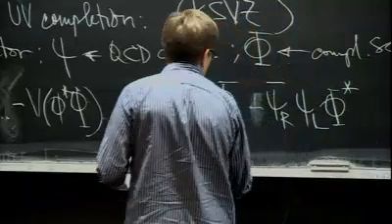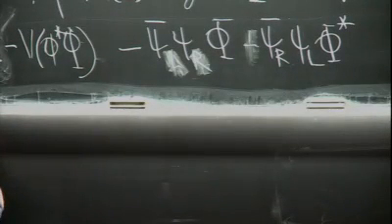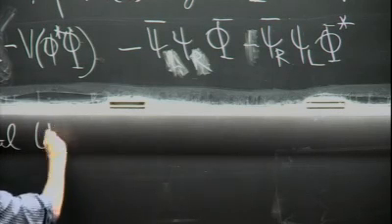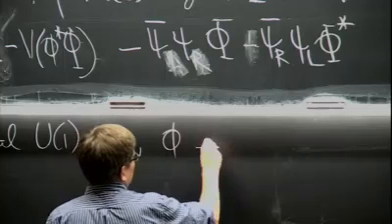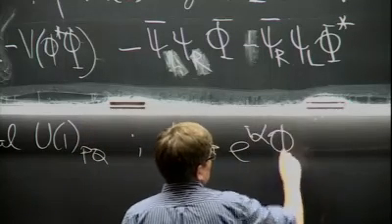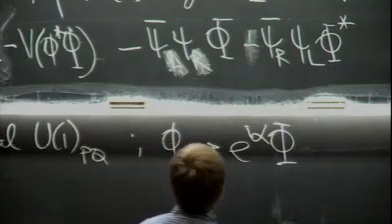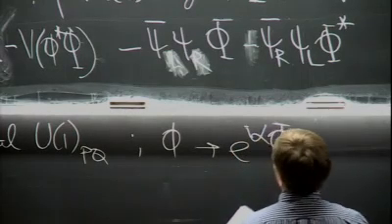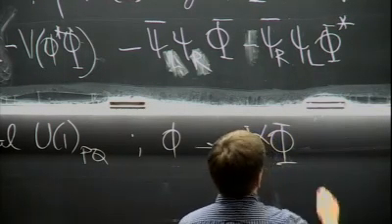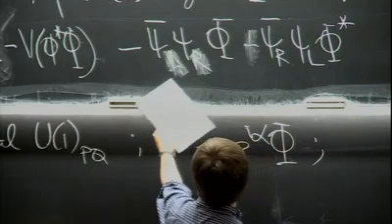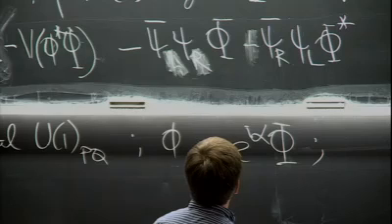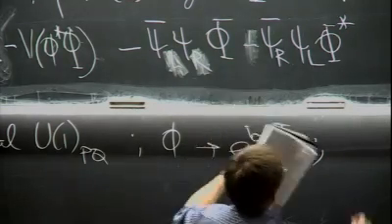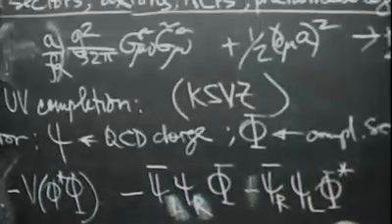And this theory has a global U(1) under which you can rotate, say, the phi field, and this is the QCD charged fermion field.